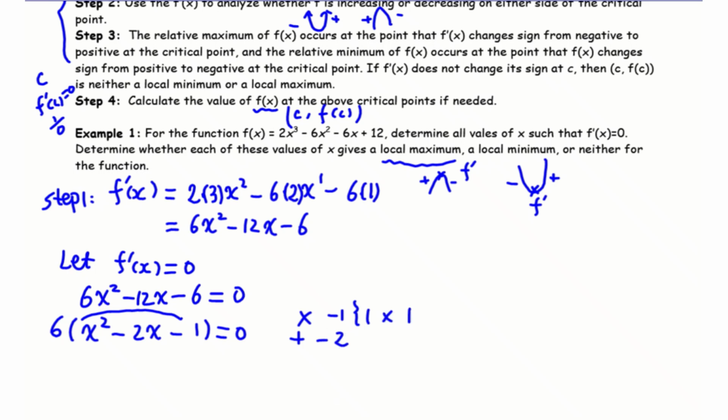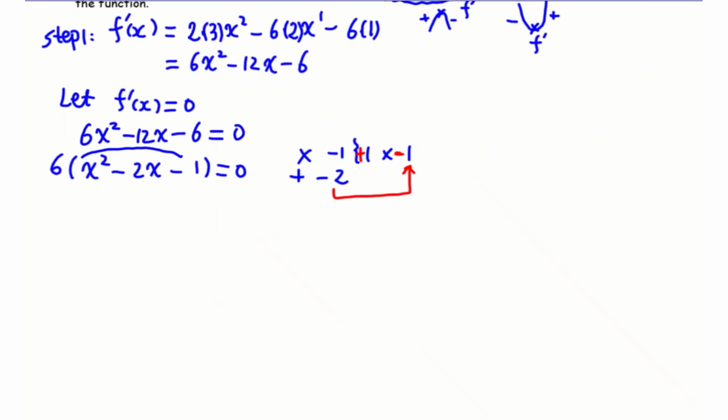The product is negative, so they need to have different signs. Positive 1 plus negative 1 gives you 0, not negative 2, so it's not factorable. Then we want to use the quadratic formula to find the x value. So that is what we are going to do.